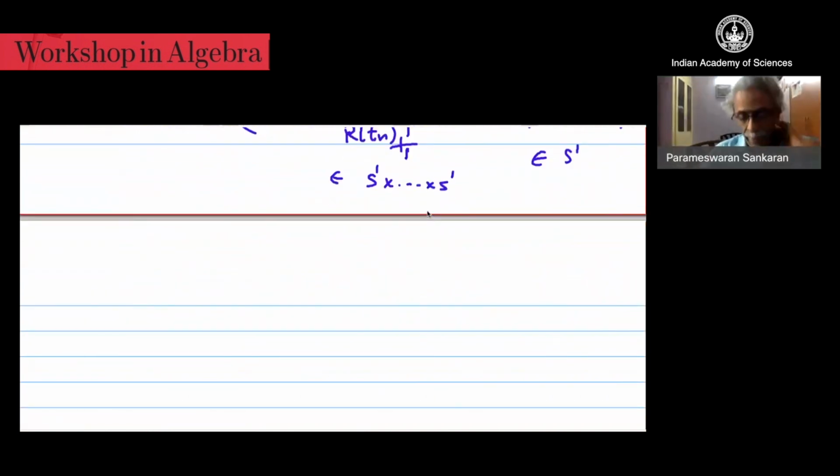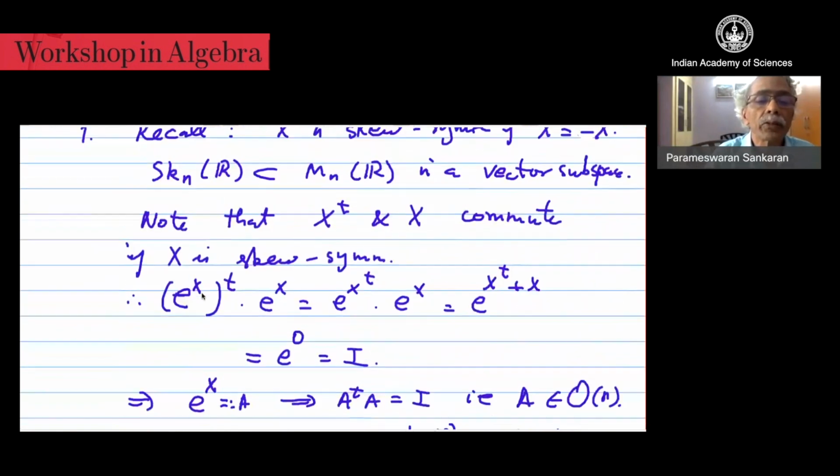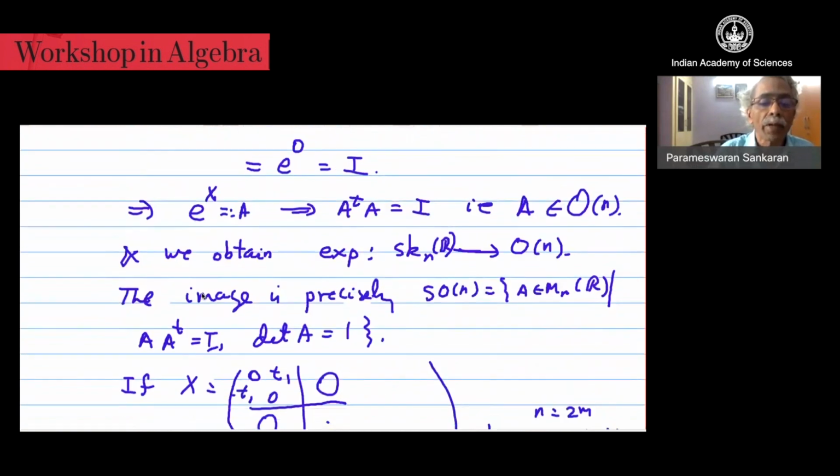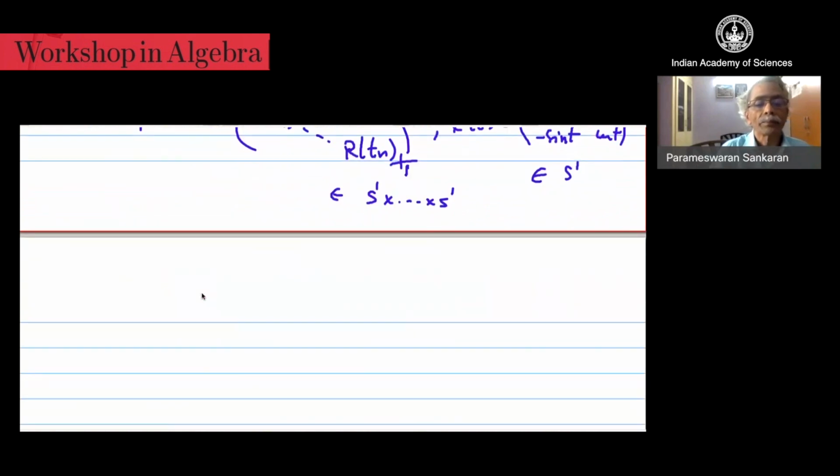And I don't want to talk too much about this Hermitian. I think I listed that somewhere. Skew Hermitian. Was it number 2? Yes. I'll be brief about that. What is the statement? So skew Hermitian, X is in SHN, skew Hermitian.